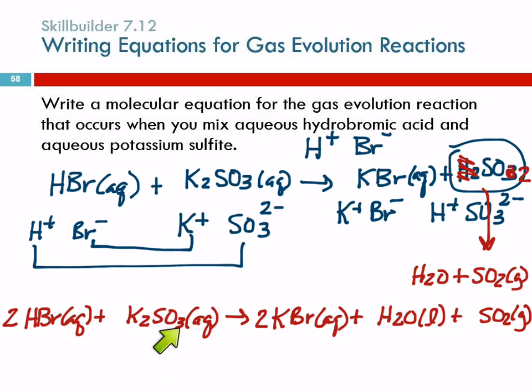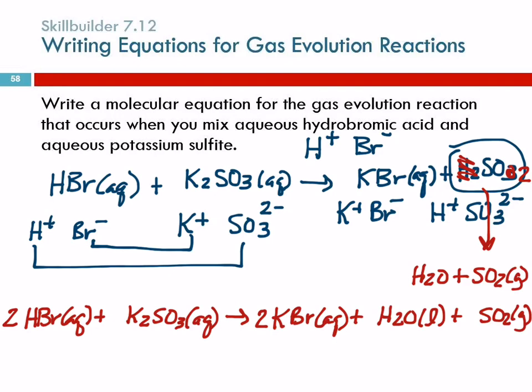Over here I have 3 oxygens, and over here I have 1 plus 2, 3 oxygens. And then there's still hydrogen, 2 hydrogens, and 2 hydrogens. So it's balanced. So that is the molecular equation for the gas evolution reaction. Any questions? This is going to take some practice, isn't it?